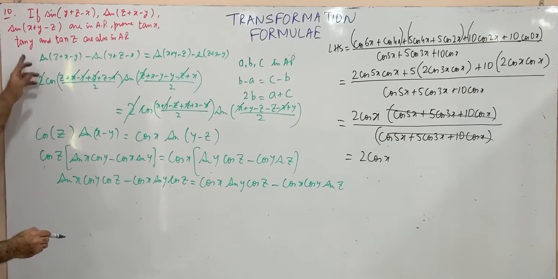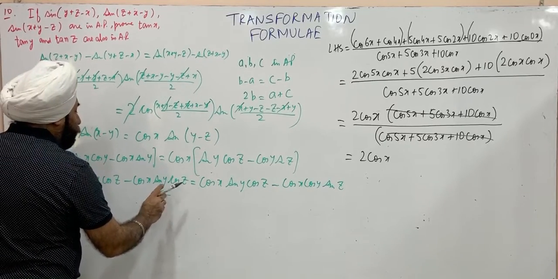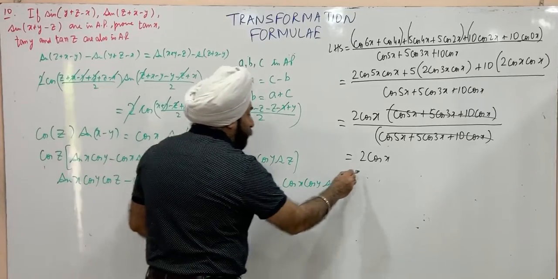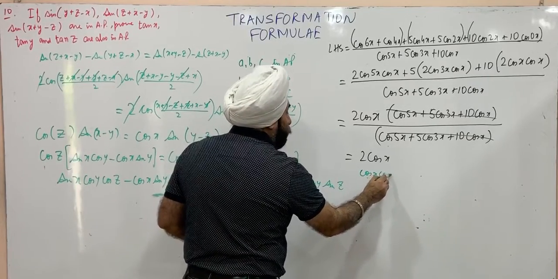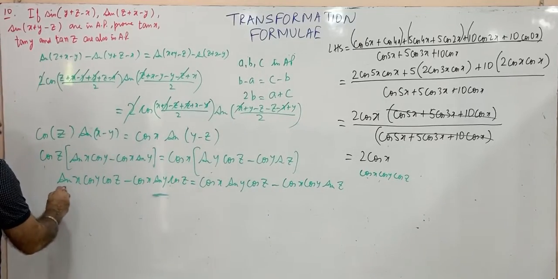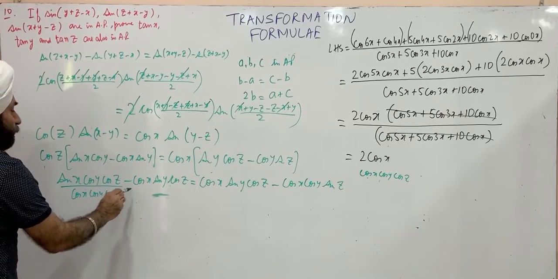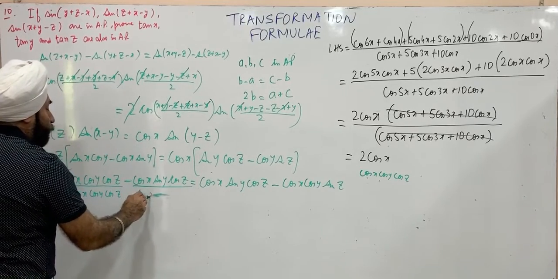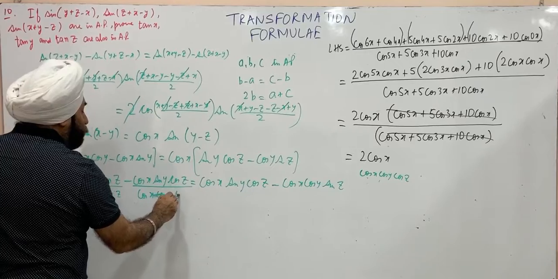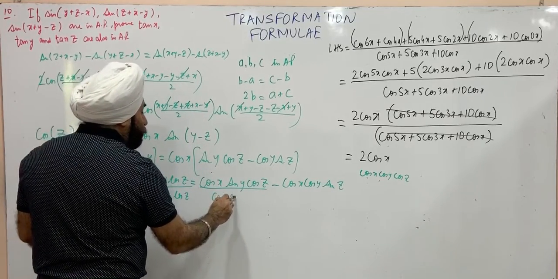So we want tan x, tan y, tan z. For that we divide throughout by cos x cos y cos z. Divide each term by cos x cos y cos z. This also divided by cos x cos y cos z, and the right hand side also divided by the same.